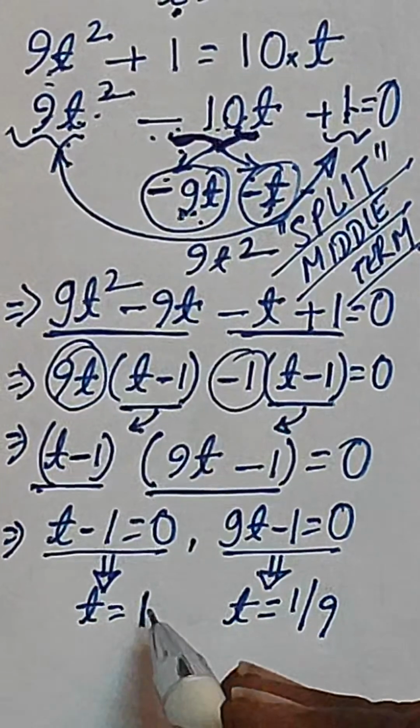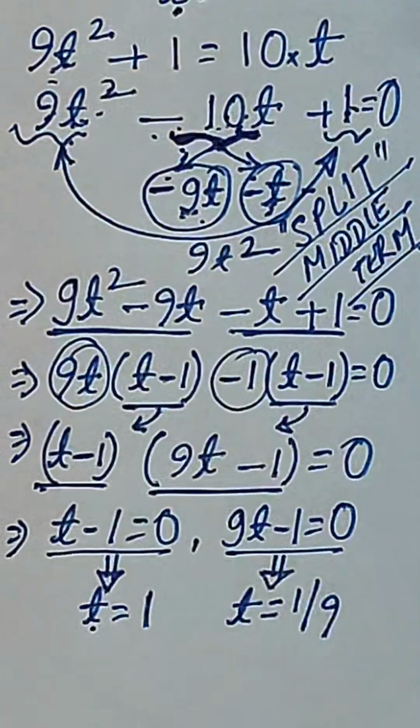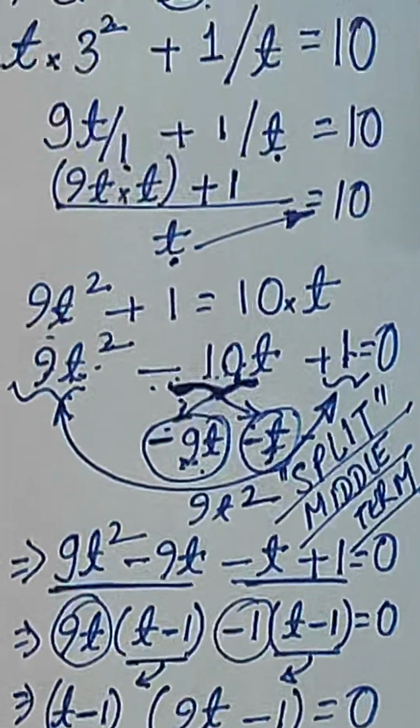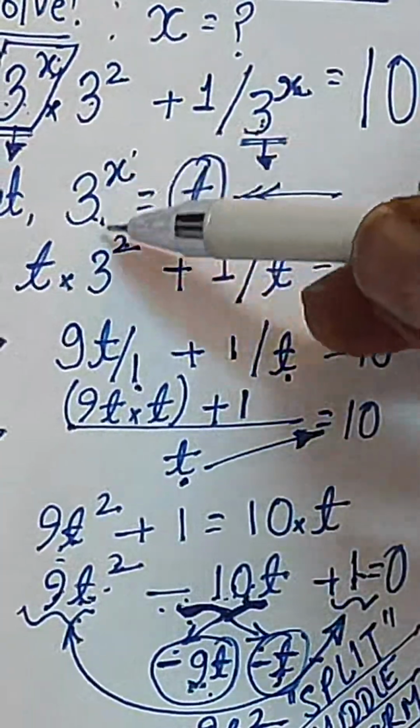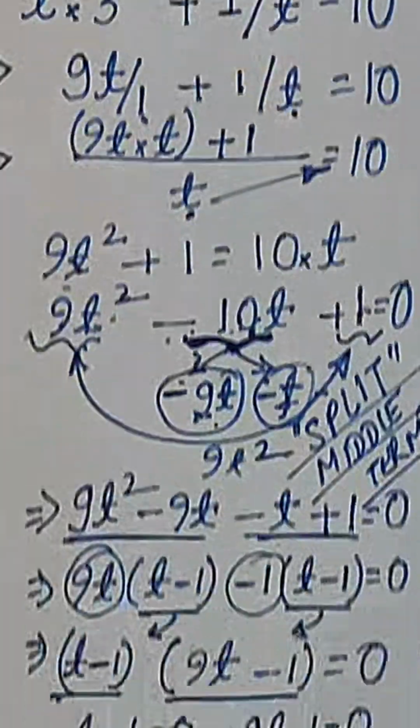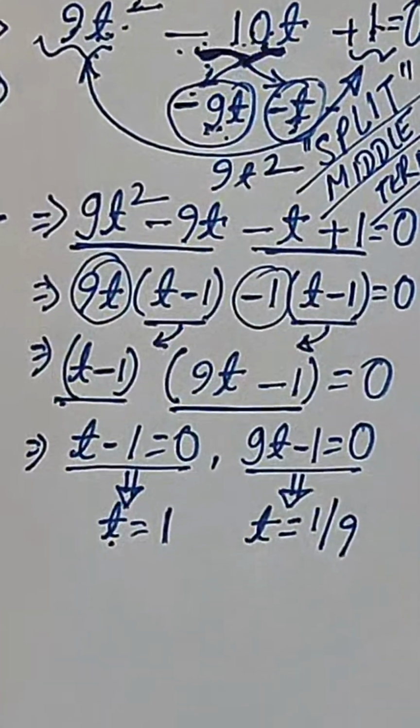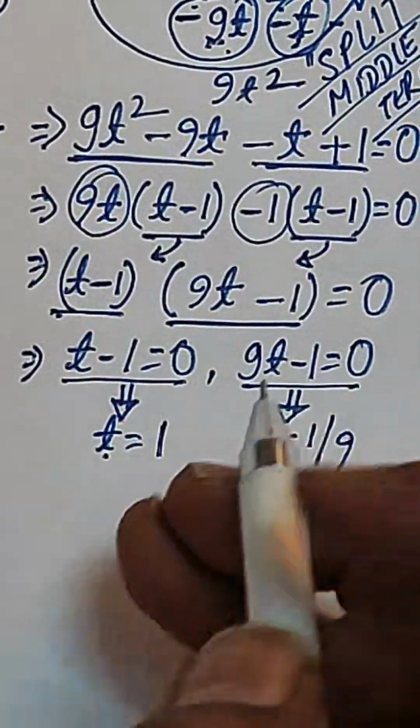But what is the value of this t? If you remember, we have taken t for what? t has been substituted for 3 power x, right? So we need to just revert it back.